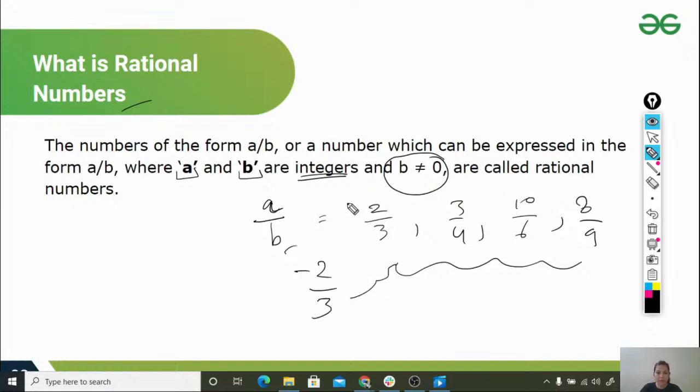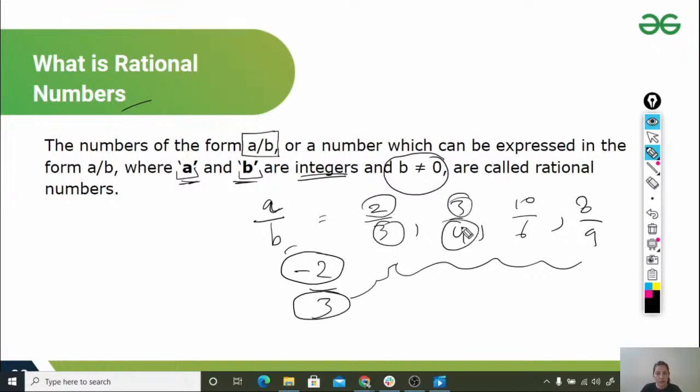Why? Because first, it is in the form of a by b, and the second point is that a and b should both individually be integers. So you can see 2 and 3 are integers, 3 and 4 are also integers. These are positive integers.